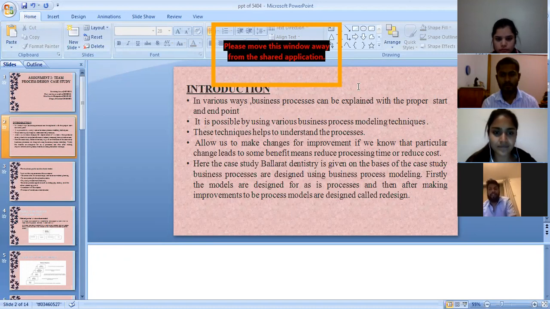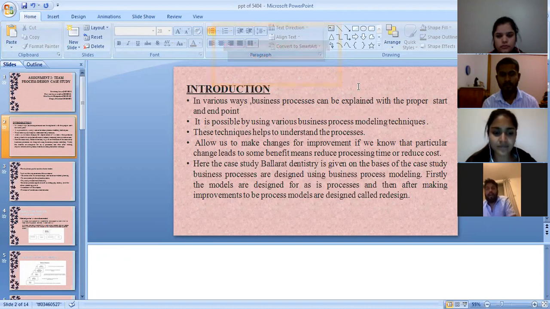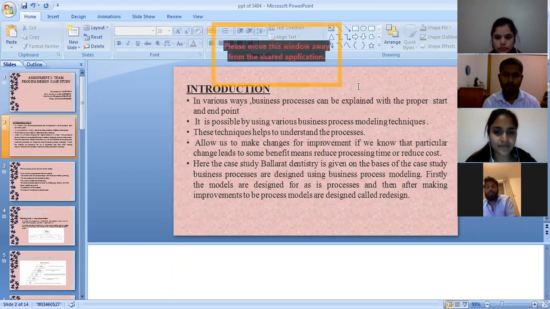And here the case study, Ballarat dentistry, is given as a basis of the case study, designed using business process modeling, and how dental treatment is going on. It's going to take 30 minutes, 45 minutes, or 1 hour 30 minutes. So they have researched how this treatment is going on. Next, coming to the next slide.